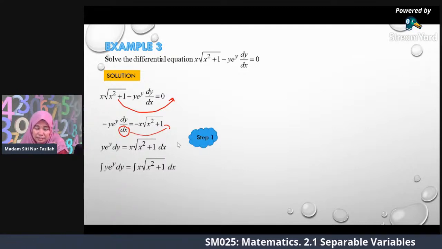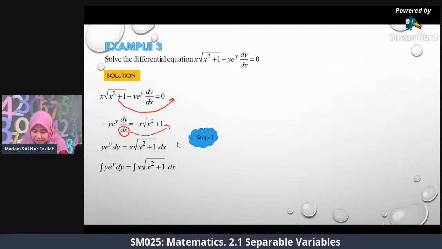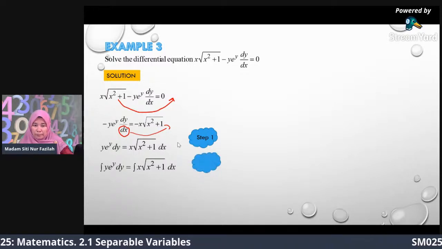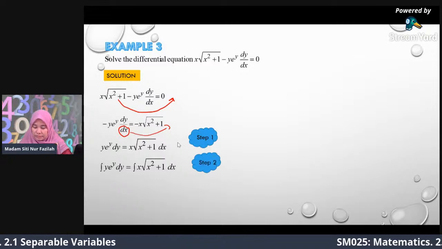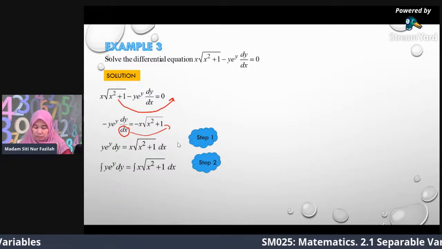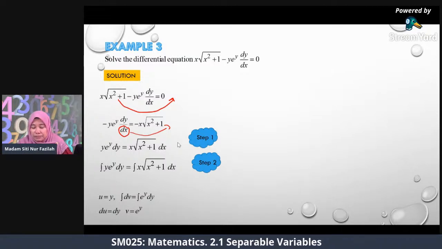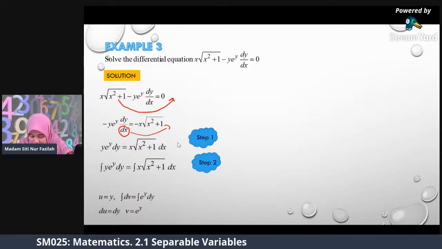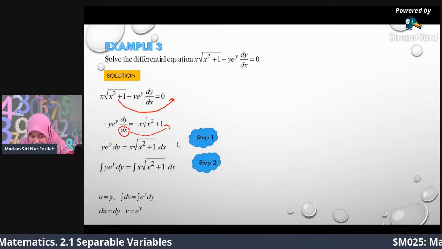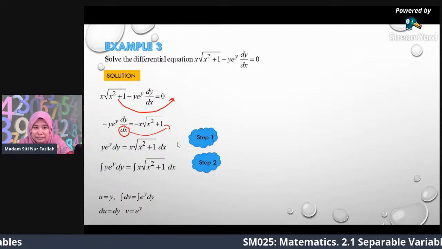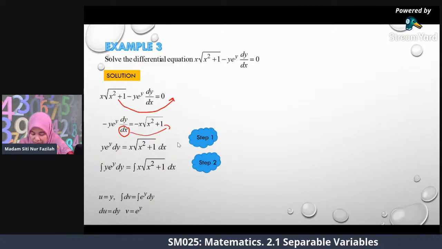For step 2, for the left side, we must use integration by parts to integrate.